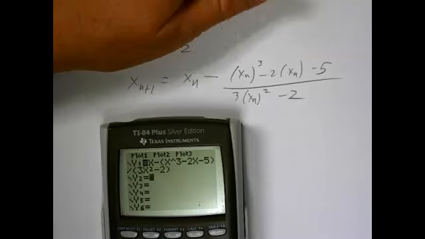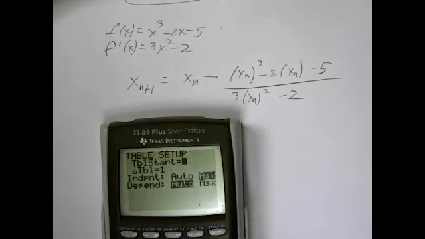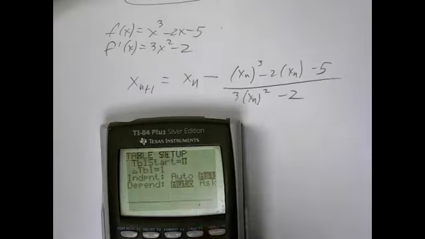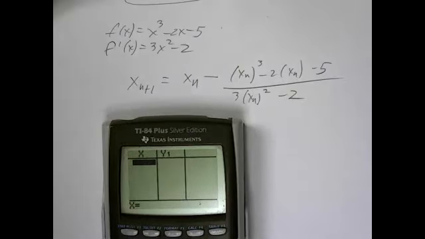So I will go to my table setup, and set it to the ask option and then to the table. It requested that we make our first guess a 2. So I'll put in a 2 and then get out 2.1.